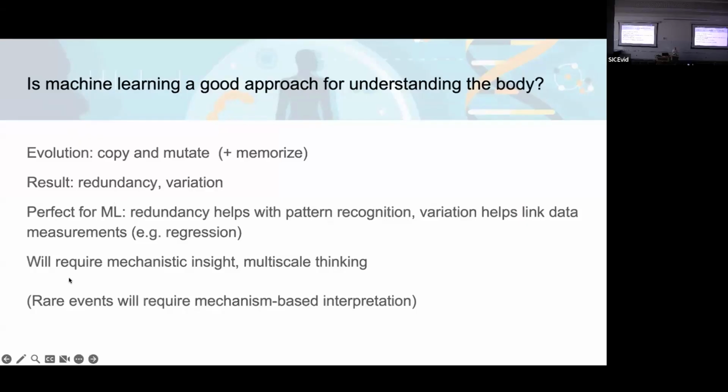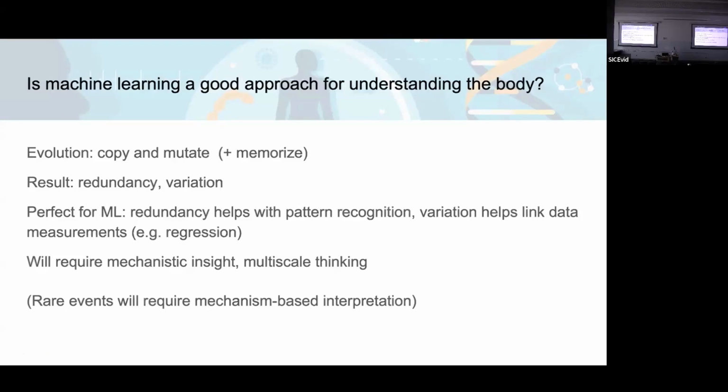And we do need to keep in mind that we need to understand mechanism. We don't want to have the machine learning system just be a black box, because that's not very helpful for humans for multiple reasons. One reason is that rare events will likely require mechanism-based interpretation.